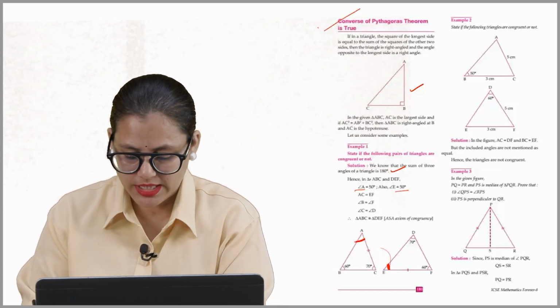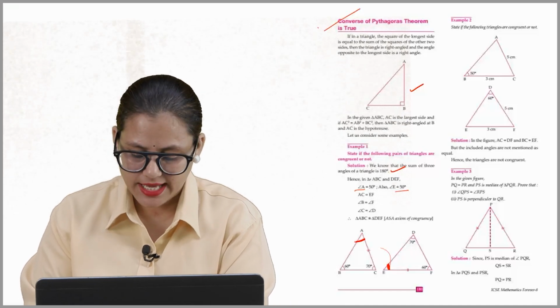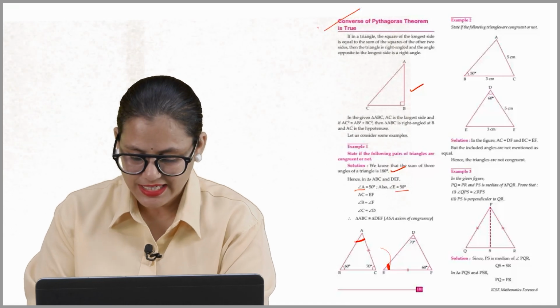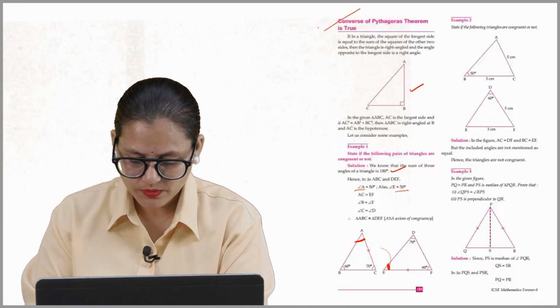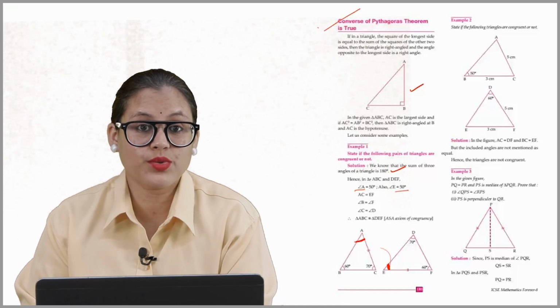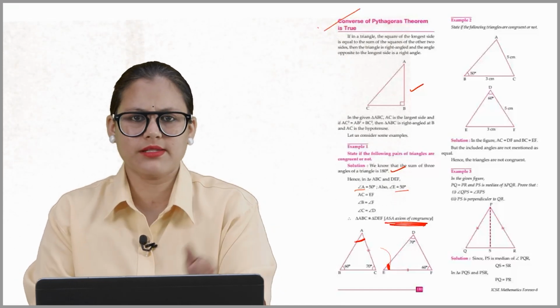AC is equal to EF, this is given here. And angle B is equal to angle F, clearly you can see here. And angle C is equal to angle D. So therefore, triangle ABC is congruent to triangle DEF by the ASA axiom of congruency, that is angle, side, angle.